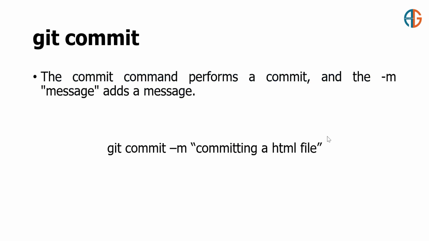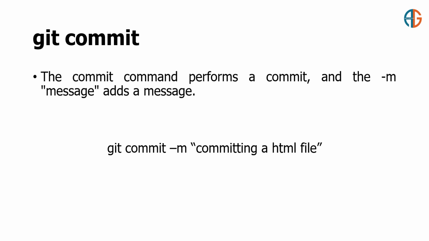The next command is commit. Here we make the file ready to be sent to the repository. Before sending it, we need to pass a message to preserve that particular file, so we use the commit message.